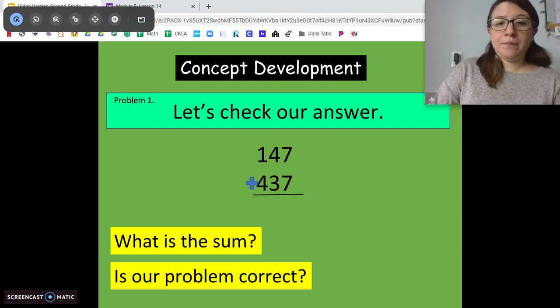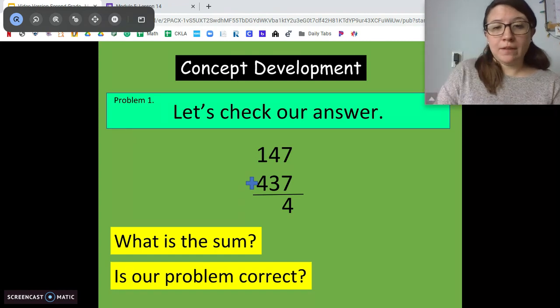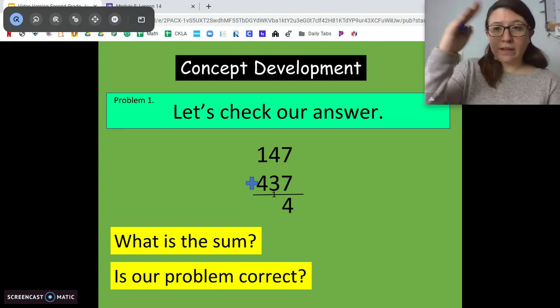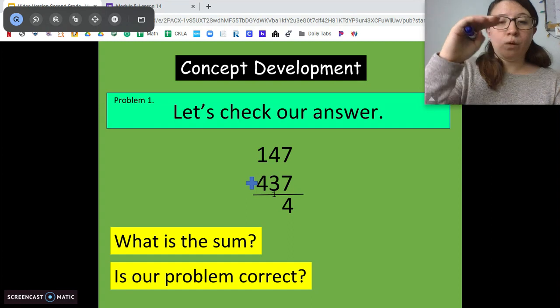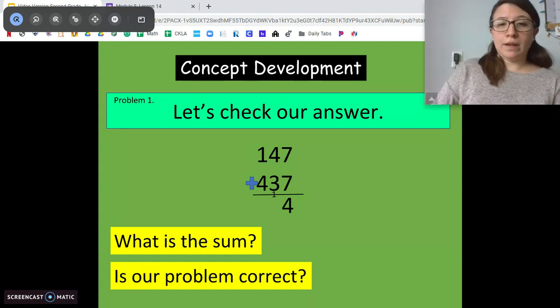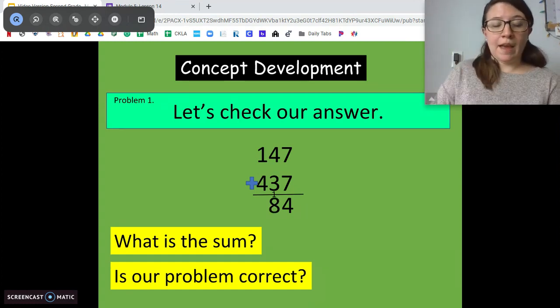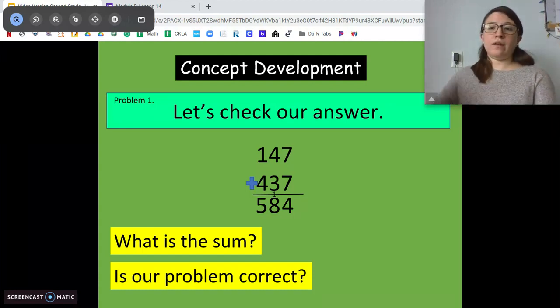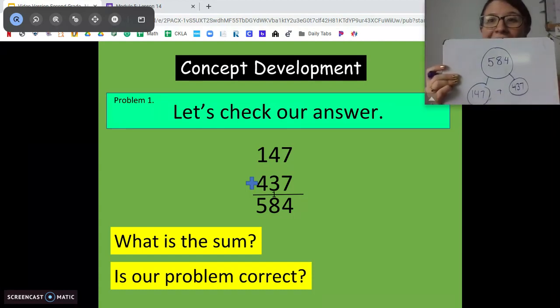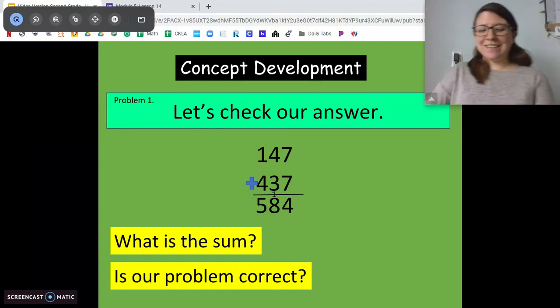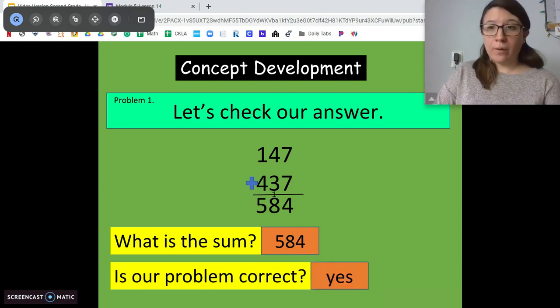So let's check it. Okay, 7 plus 7 is 14, moving my 10 over. 4 plus 3 is 7, plus 1 is 8. And then I add my hundreds, 584. Did we get it? Yes, we did. So that's how we can check our work, okay?